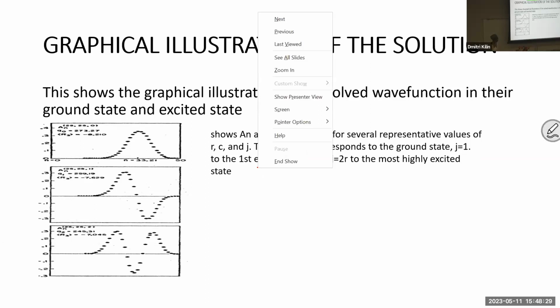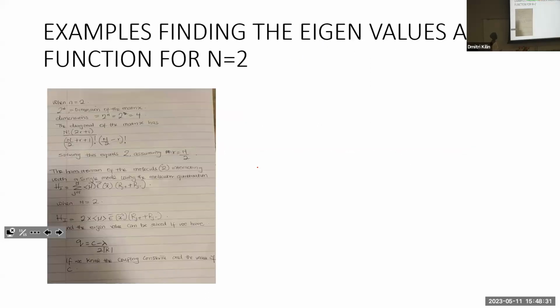So Dr. Killing asked me a question: what if my n equals 2 for my two-level system, how am I able to solve it? I tried to look at it and decide what approach to use.